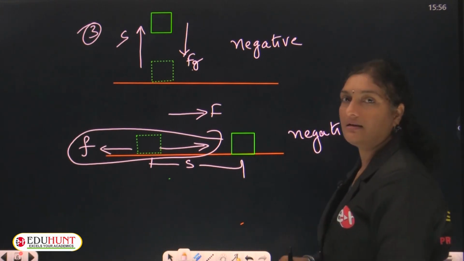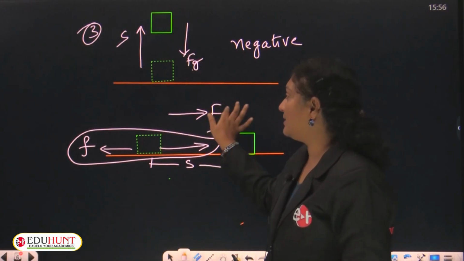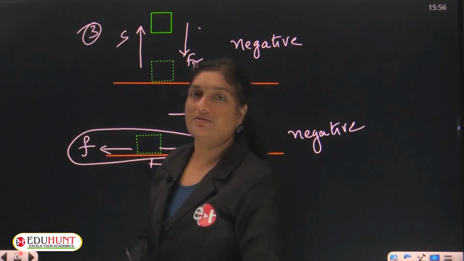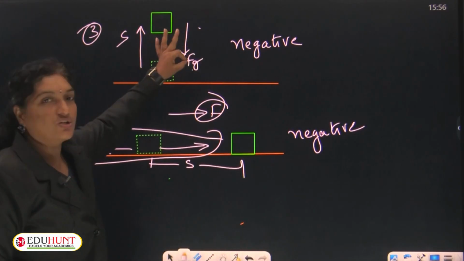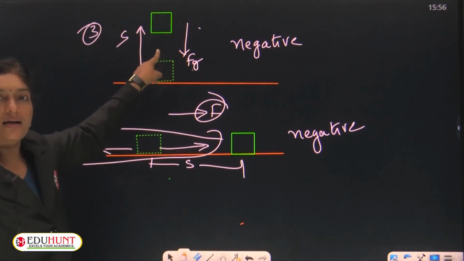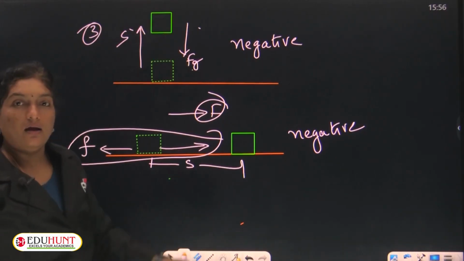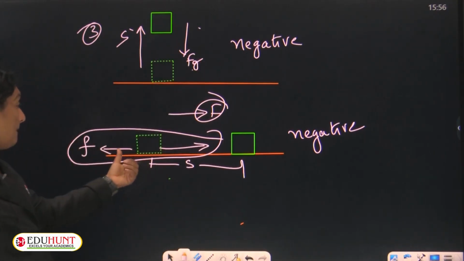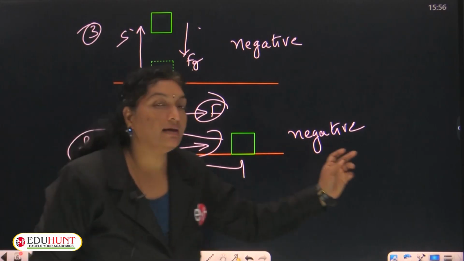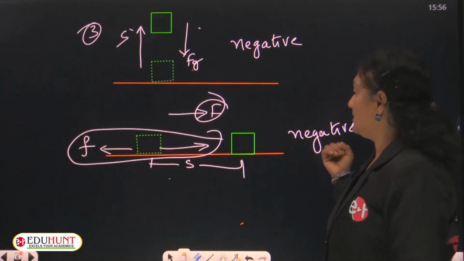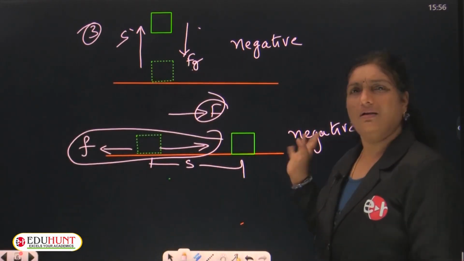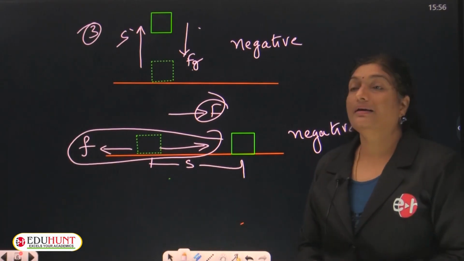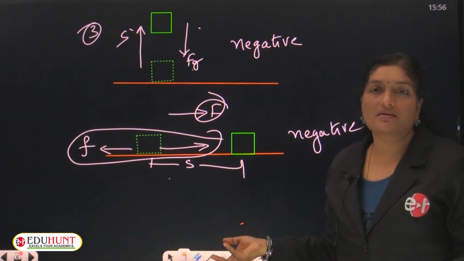I hope you're getting the point. We are not talking about the applied force in either case. We are only talking about the gravitational force: work done by the gravitational force in lifting the body upwards is negative. Work done by the frictional force in dragging the body is always negative. Why do I simply call it a dragging body?